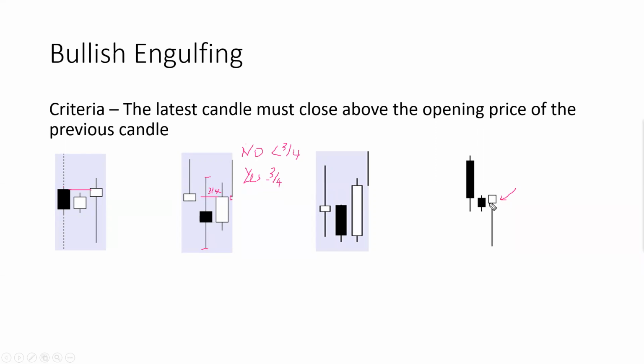In other words, what you're looking at is actually one big fat candle right over here. So if you put it that way, okay, this is big. So learn to see this first, understanding it must close above the opening price of the previous candle. So now you have all the samples over here.